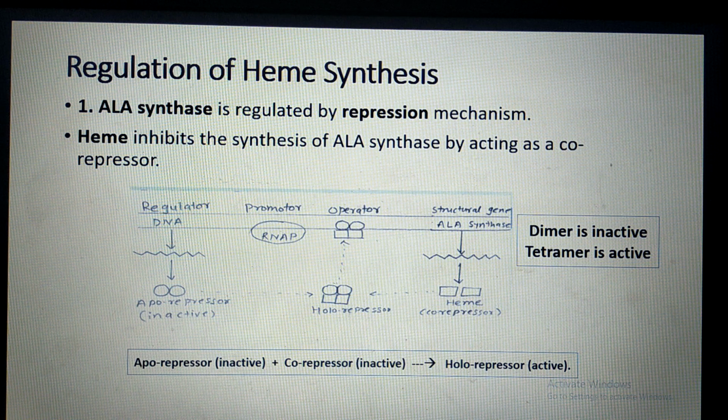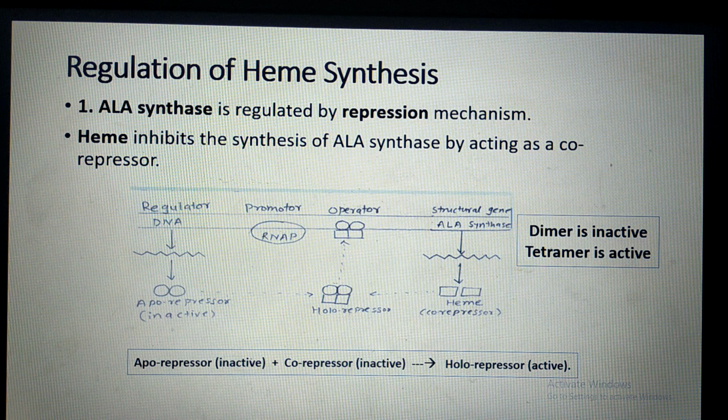On the right side, I have shown you the heme which is synthesized by the enzyme ALA synthase in small square boxes. Now what happens here? The regulatory gene synthesizes aporepressor, which is shown by 2 circles. These 2 aporepressors, or dimer aporepressor, are inactive.